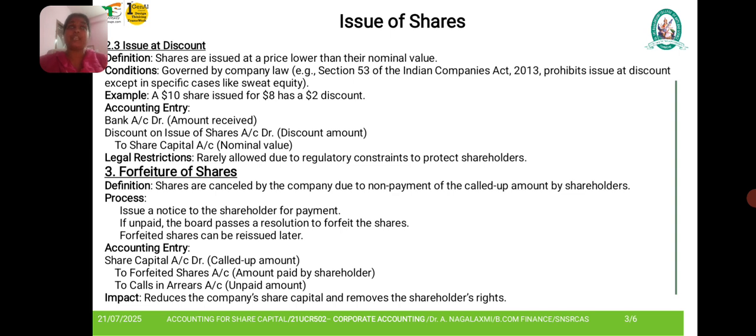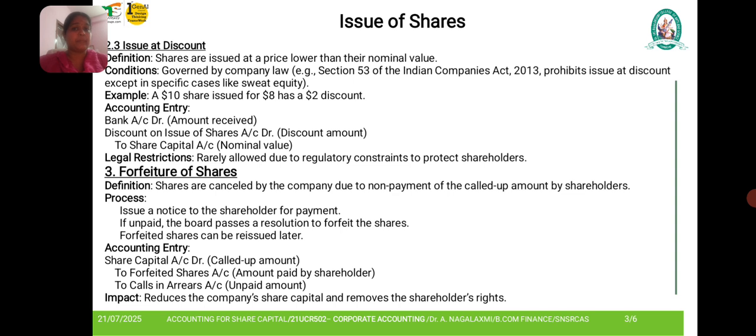For example, a shareholder who is holding 1000 shares paid his application money, allotment money, and first call money. He does not respond to the notice for the second call and the final call.